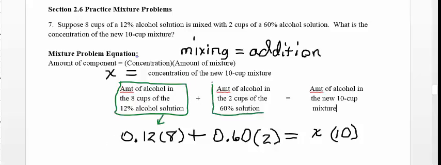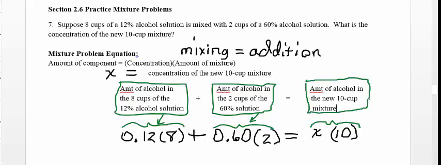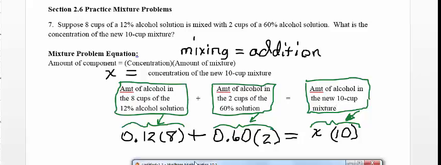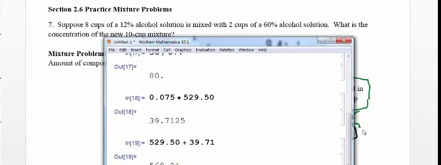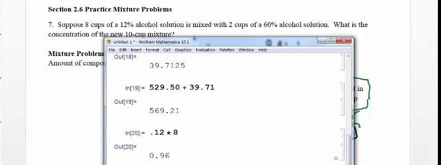So that first product represents the amount of alcohol in that 12% alcohol solution. The second product represents the amount of alcohol in the 2 cups of 60% solution. And that third product on the right side of the equals is the amount of alcohol in the new 10-cup mixture. So the thing to notice, the pattern is concentration is changed to a decimal and multiplied by the amount in each of the 3 cases.